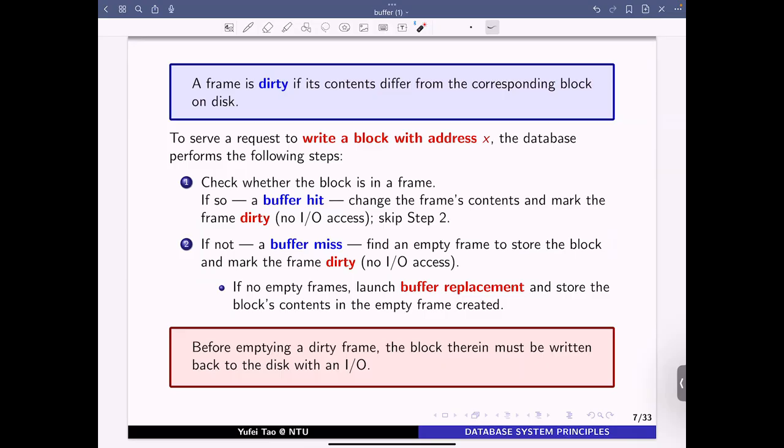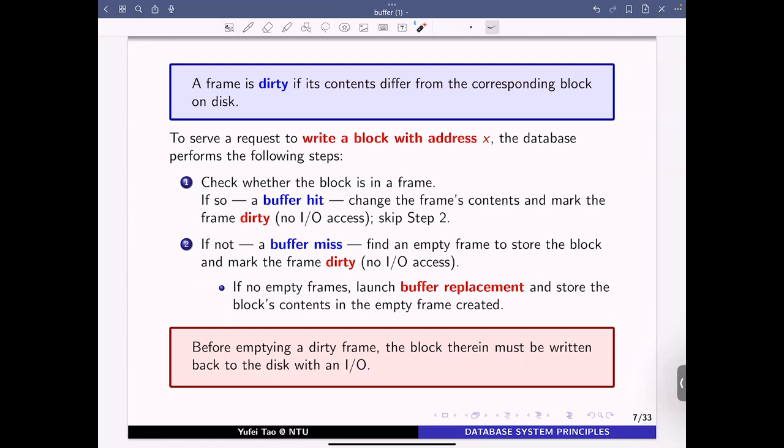If you are reading, like before, in a buffer miss, you will have to perform an I/O right away, because otherwise, how do you know what is the block that the program tries to read, right?